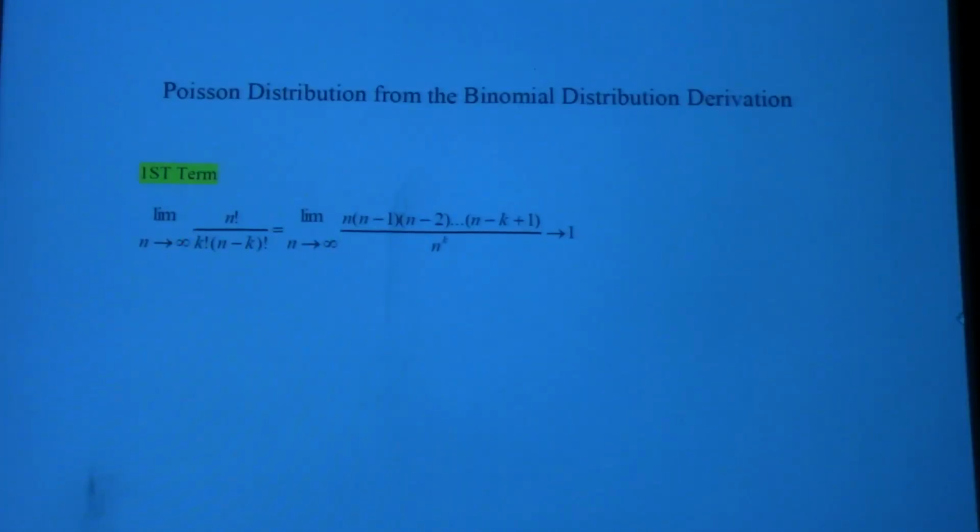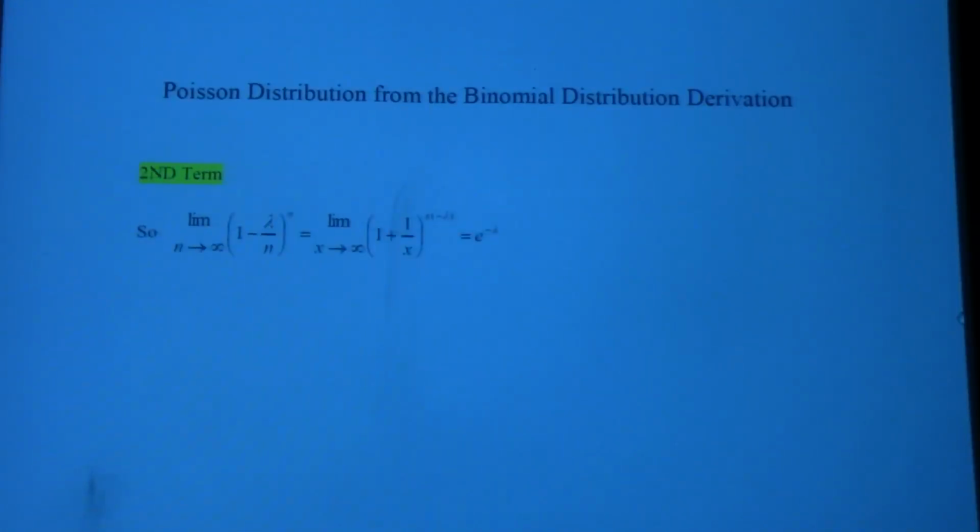As n goes to infinity, we get a sequence of n decreasing down to n minus k, so we have k factors of n decreasing, and in the denominator we have k factors of n. As n goes to infinity, all of these factors approach a ratio of 1 over 1, so that whole first term goes to 1.